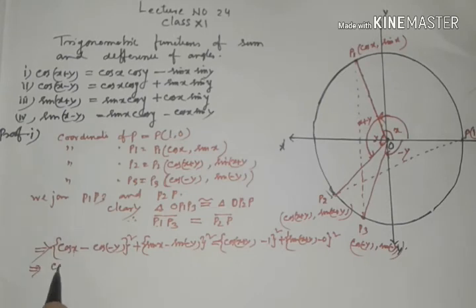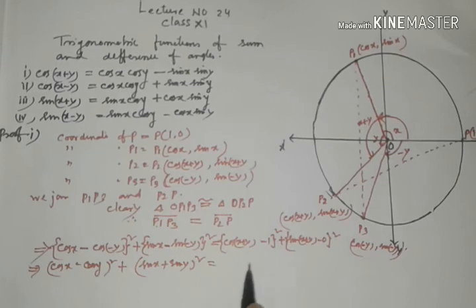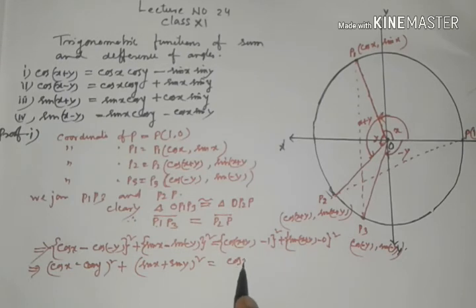Since cos(minus y) is equal to cos y, this is (cos x minus cos y) whole square. Since sin(minus y) is equal to minus sin y, the minus sign becomes positive, so this is (sin x plus sin y) whole square, and this is cos(x + y) minus 1.